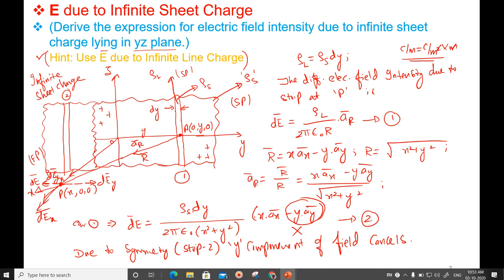I can cut this sheet into n number of strips and I will integrate any of the infinite line charges only, because along the z axis they are infinite, and I will take a number of strips which is varying from y equal to minus infinity to plus infinity, right? So I want to find out the total electric field intensity at point P due to this sheet charge.